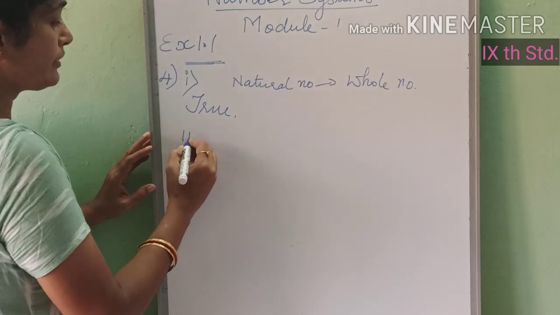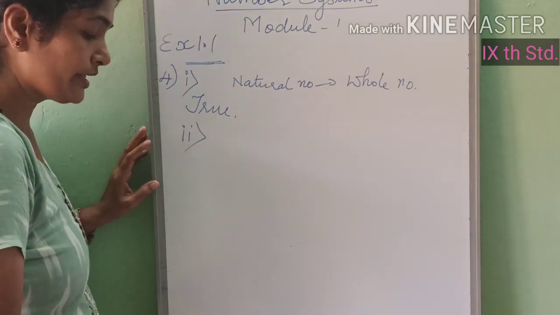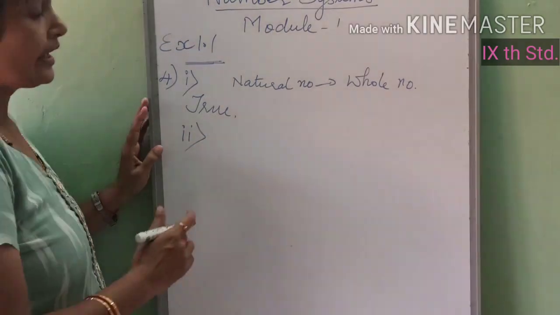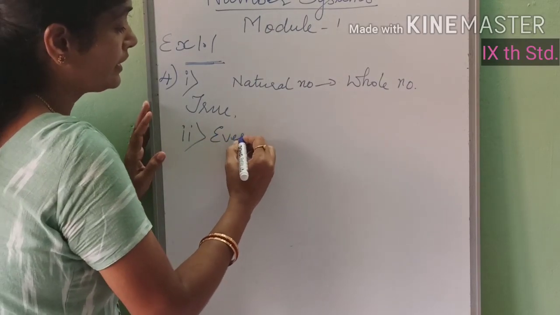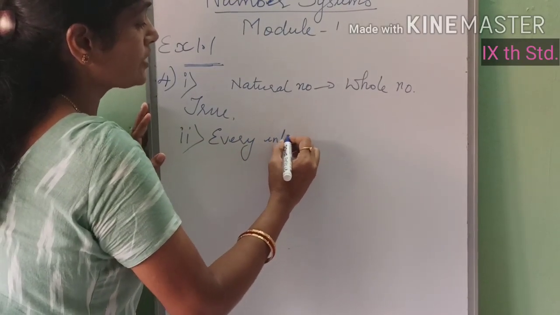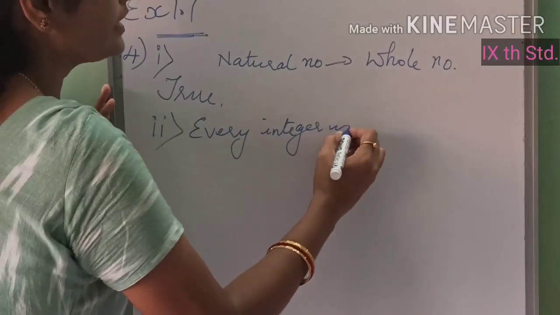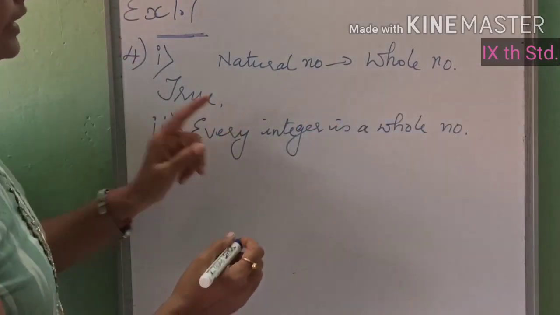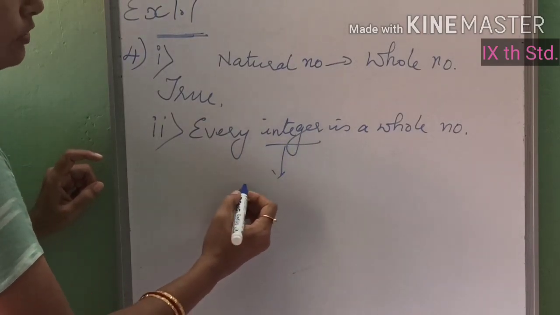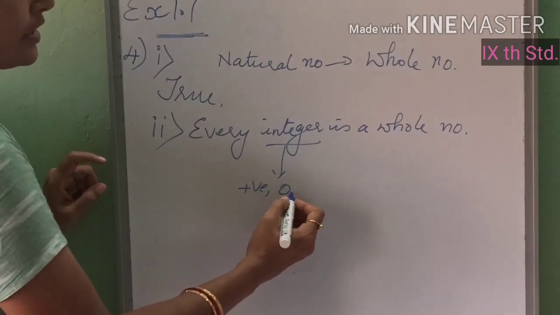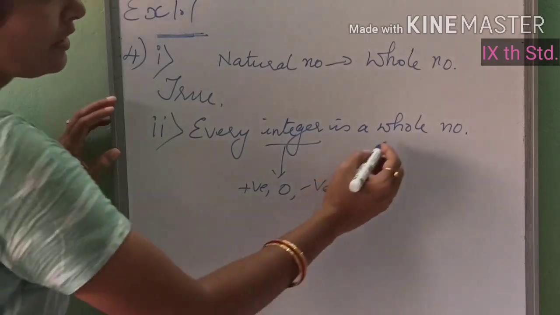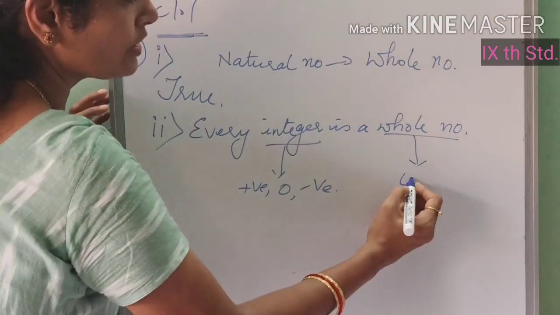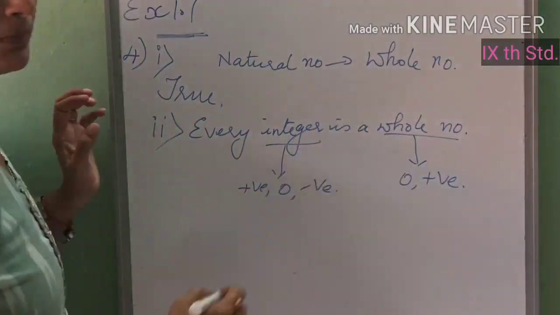Next, the second one. Every integer is a whole number. What are integers? Integers include positive numbers, 0 and negative numbers, whereas whole numbers include 0 and positive numbers only.